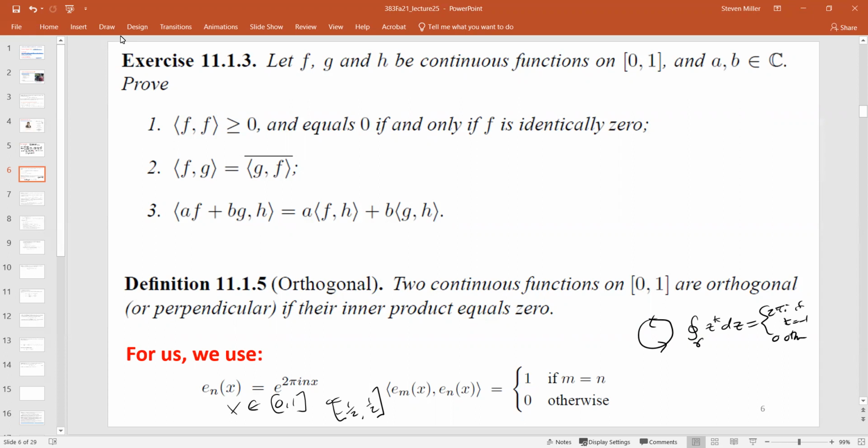And remember dz: if we have z equals e to the i theta, dz is going to be i e to the i theta d theta, so it's i z d theta.